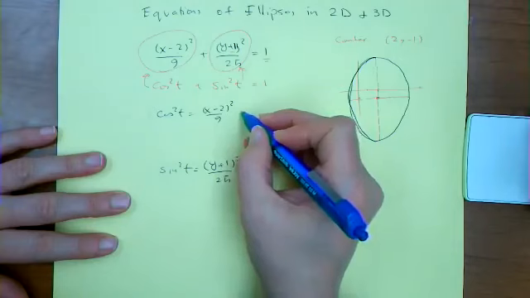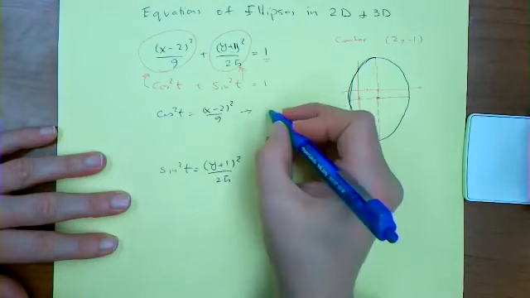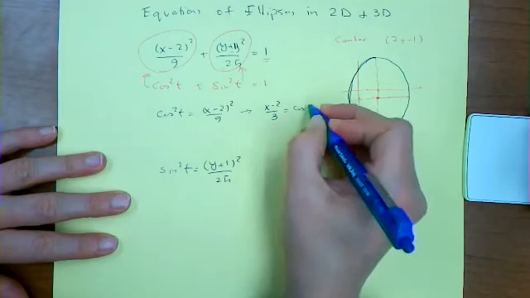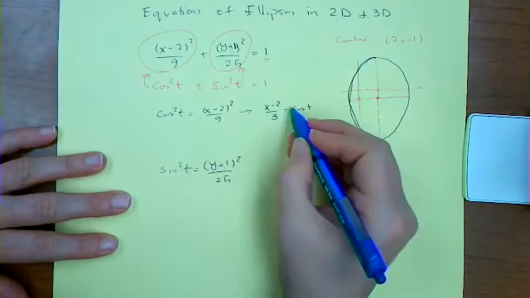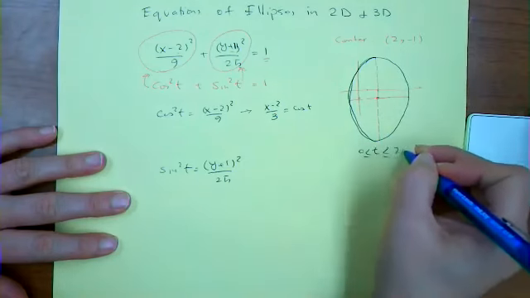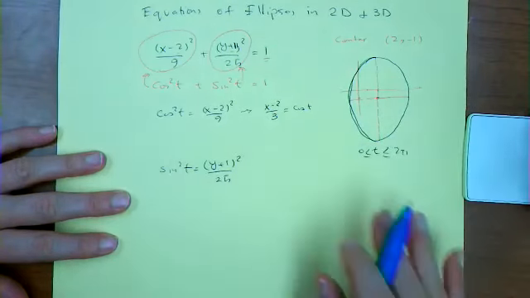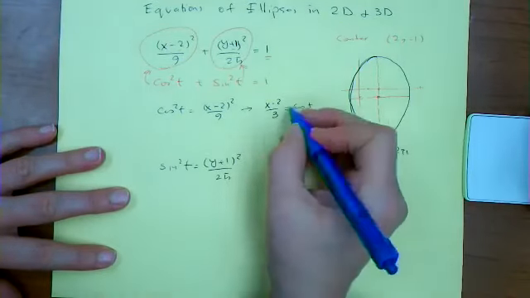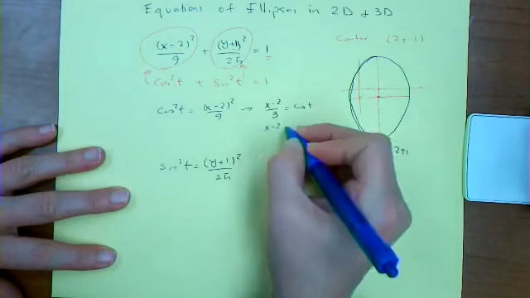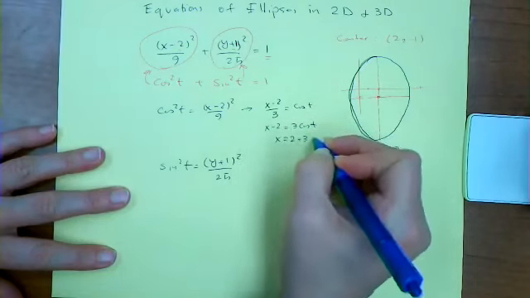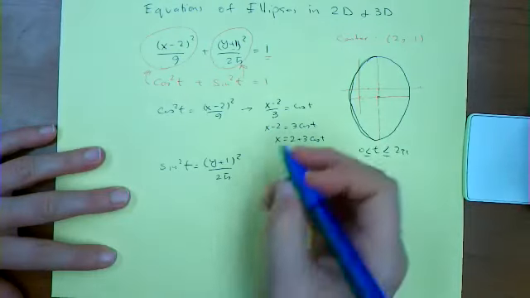From the first one, let's take the square root of both sides. I get (x - 2) / 3 equal to cosine t. I don't need to put plus and minus because t can run between 0 and 2 pi, and I get the minus values in there as well. So solving here gives me x - 2 equal to 3 cosine t, and x equal to 2 + 3 cosine t.